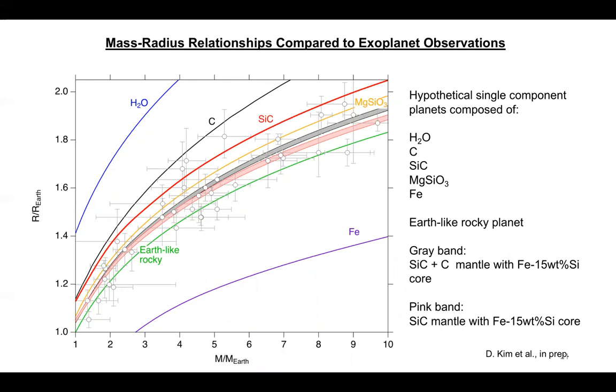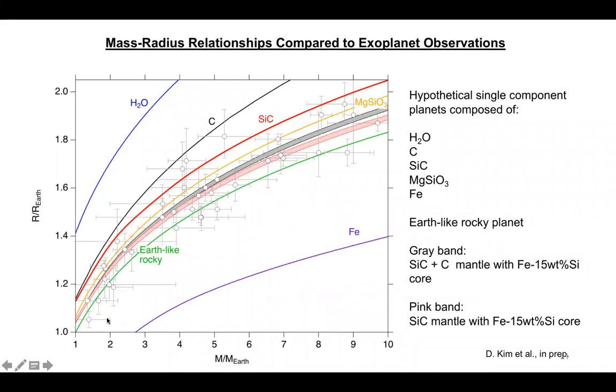That's useful for evaluating the possible compositional space of all these planets. So you could have a pure H2O planet, or a pure diamond planet, or a pure silicon carbide planet, pure MgSiO3 planet, or pure iron planet. And you can see that, of course, there's going to be a lot of degeneracy here. They're not really unique solutions.